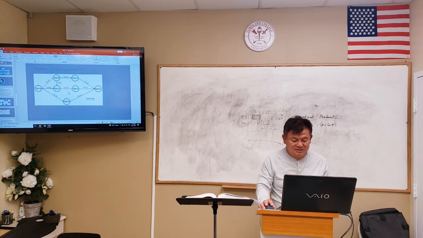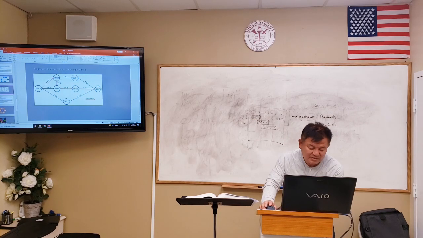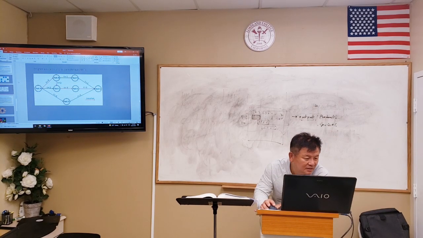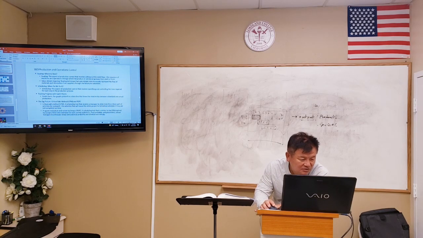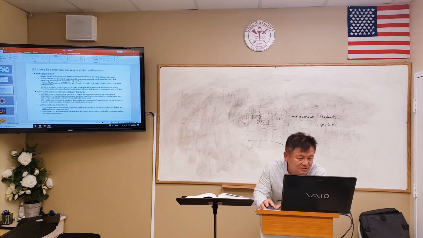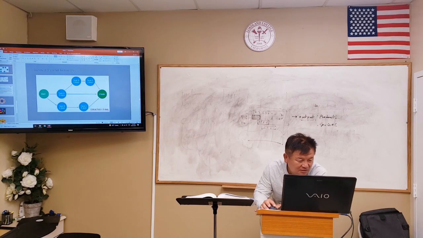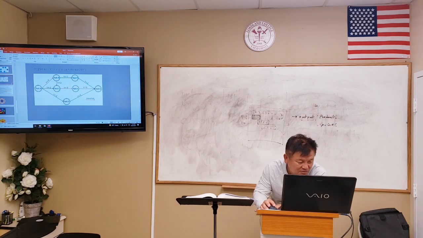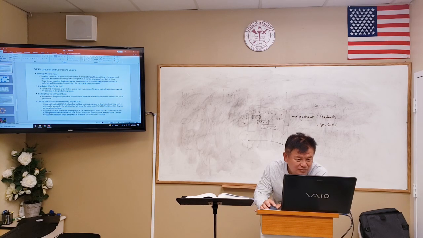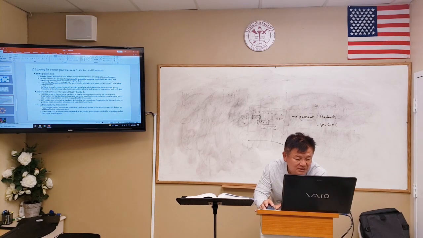This is the system we call the PERT system, a very powerful and old operation control system. Okay, let's move to 10.6. Just remember that CPM and PERT are very powerful operation control tools. Okay, that's it. And 10.6 is looking for better ways of improving production and operation.